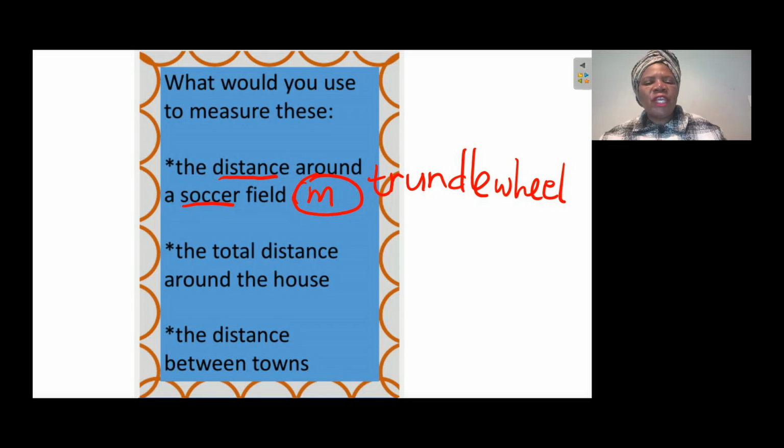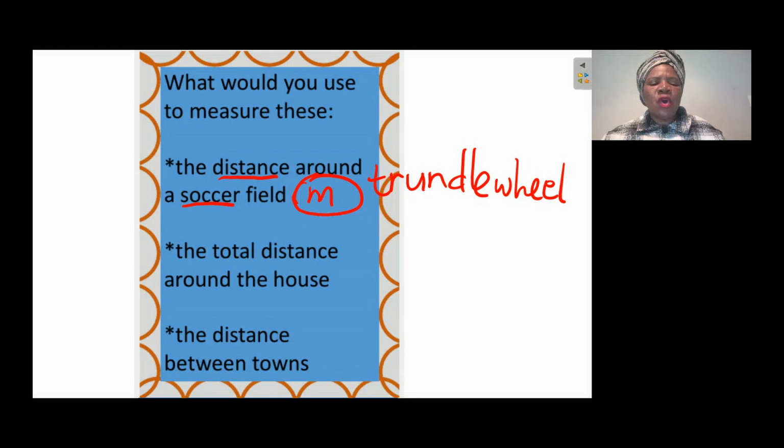You can also think of other ways to measure. It's up to you. Like the measuring tape, which is used by builders. If you are two people, you can do that.